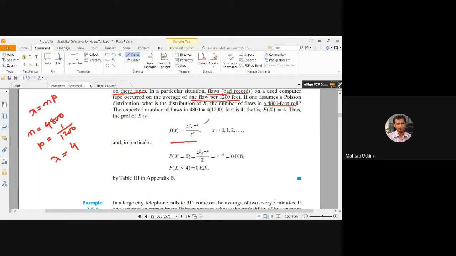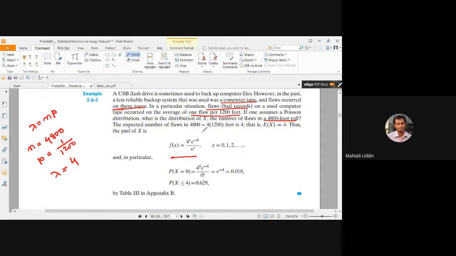Now you can ask me how this is a Poisson process or Poisson distribution. Though here we got in this tab on average 4 flaws may occur, with the increasing of time the flaws will increase. Once it will be 10, then 20, then 100.